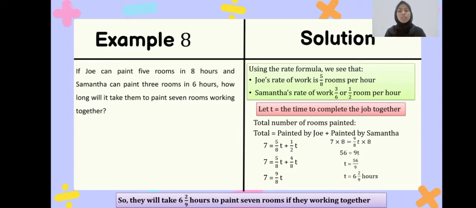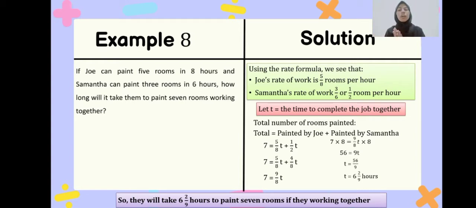So if we are going to find t, we have to multiply both sides by 8. So 7 times 8 and 9/8 times t times 8. 7 times 8 is 56, and 9/8 t times 8 is 9t. So again, to find t, we have to divide both sides by 9, because the number beside the t is 9.